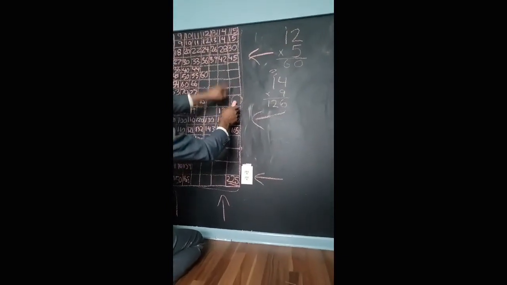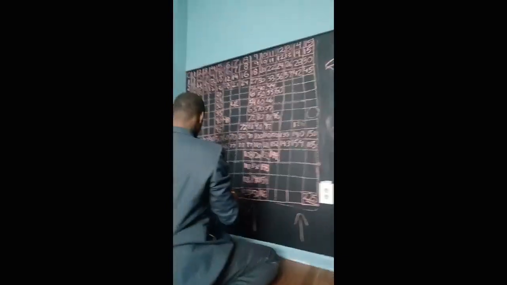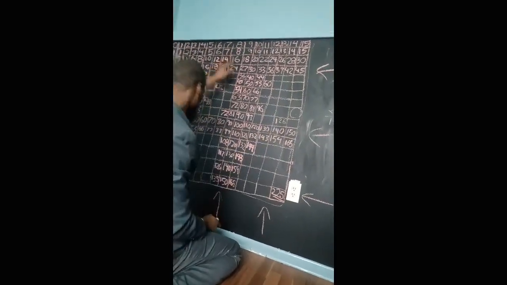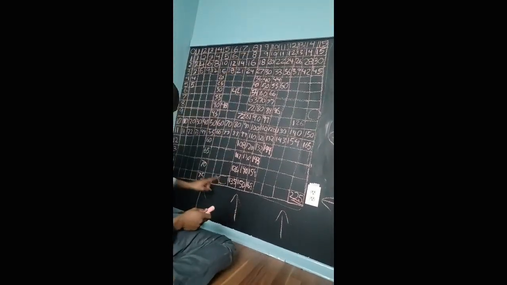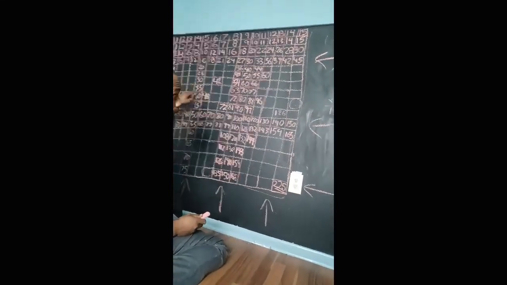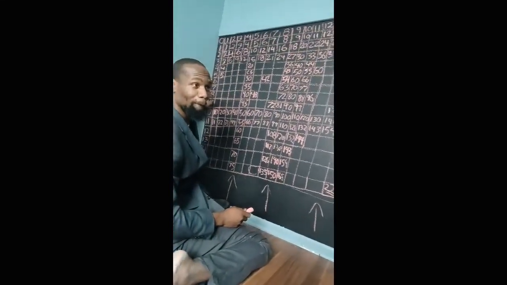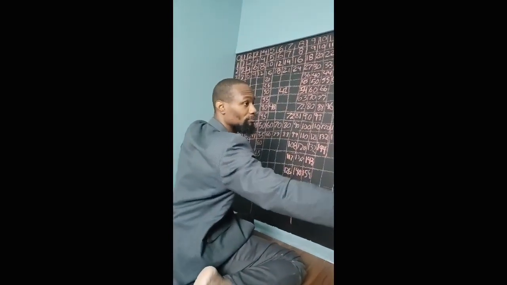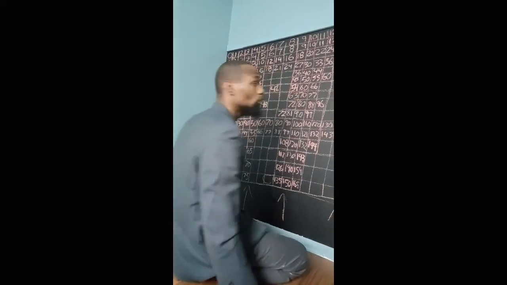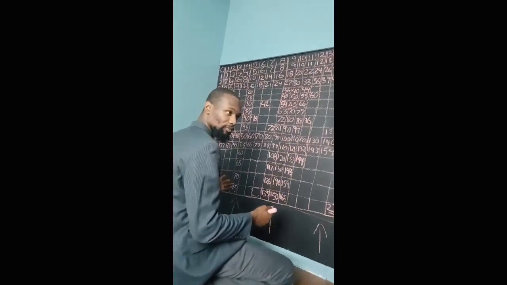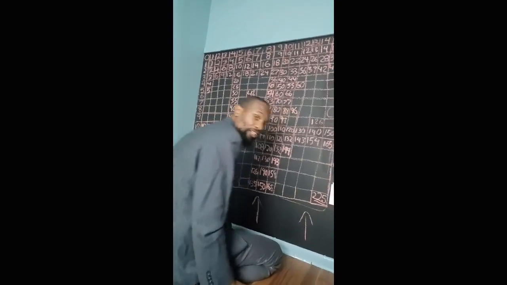15 times 8 and 8 times 15. We got 15 times 8. No. 8 times 15 and 15 times what? 8? They're the same. It's just flipped. Excuse me, inverted.